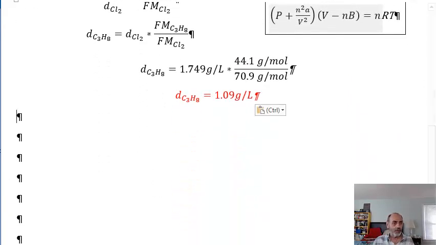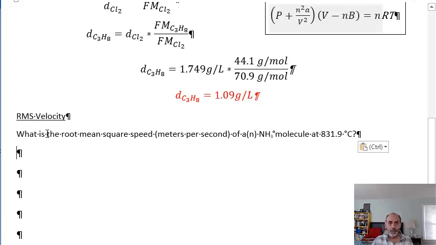So now let's work another one. This one deals with RMS velocity. Let me copy the problem into this. We know we're after figuring out the root mean square velocity. We want to know that in meters per second for ammonia at 831.9 degrees centigrade.